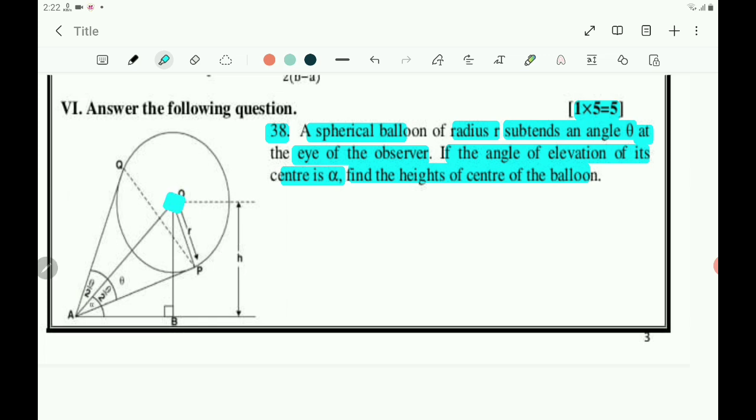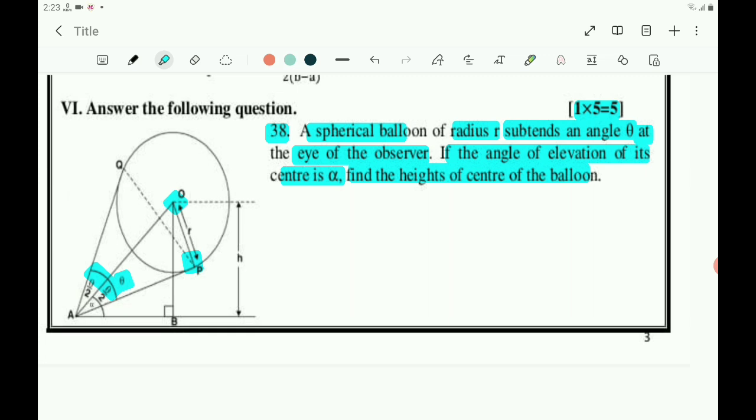Here this is the center of the balloon, and the balloon is shown here. OP is the radius of the balloon. The spherical balloon subtends the angle theta, so this is the angle from this to this, that is the angle theta subtended by the balloon.